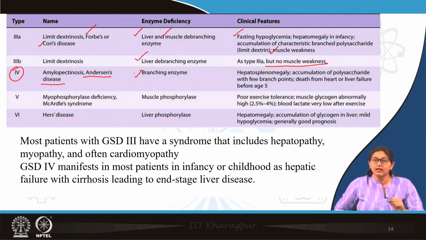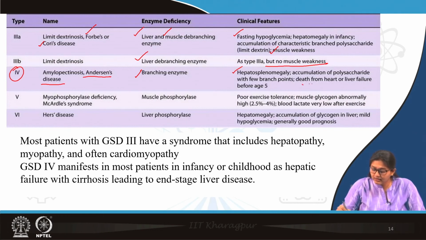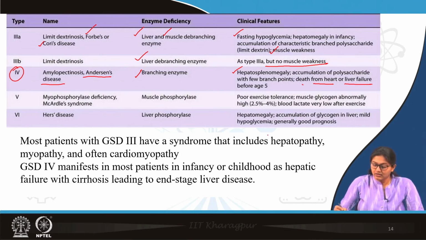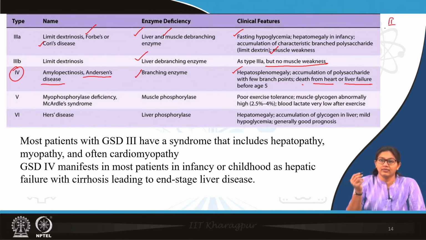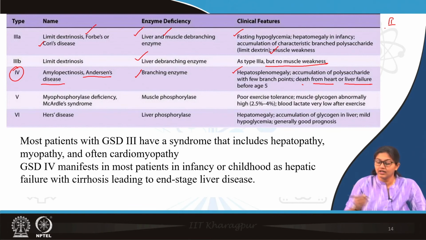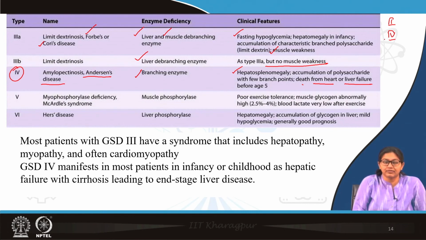Now again there is hepatosplenomegaly and liver failure or heart failure, which is the ultimate outcome in those patients. So we read in the previous slide that in type 2 the cardiac muscles are affected. Then again in type 4 the cardiac muscle is affected here.